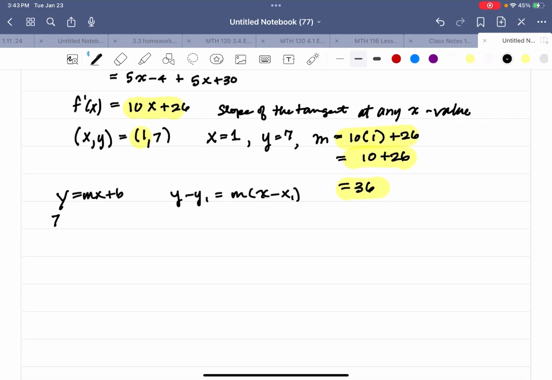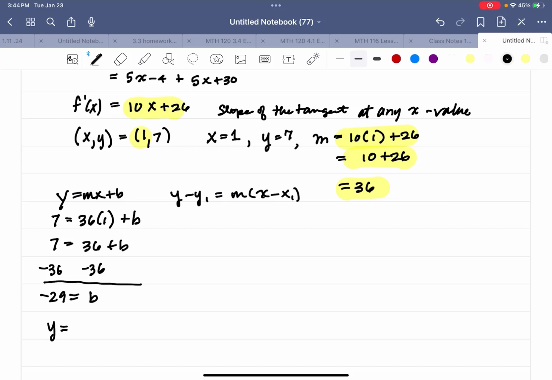So y is 7, m is 36, x is 1, plus b. So 7 is 36 plus b. Subtract 36. Negative 29 is our b value, so y equals 36x minus 29. That's an acceptable answer.